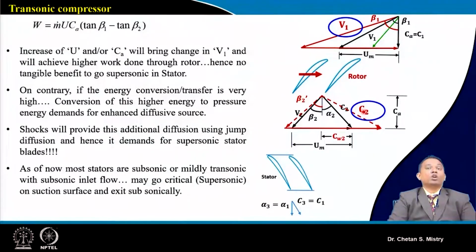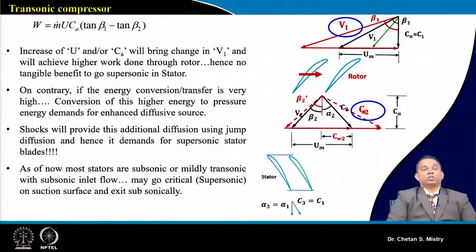In order to have that diffusion done, we will have our stator also to be supersonic. As of now, these stators are subsonic in nature or mildly transonic with subsonic inlet flow. It may go critical on the suction surface, maybe going supersonic on the suction surface, but the exit as of now is subsonic.